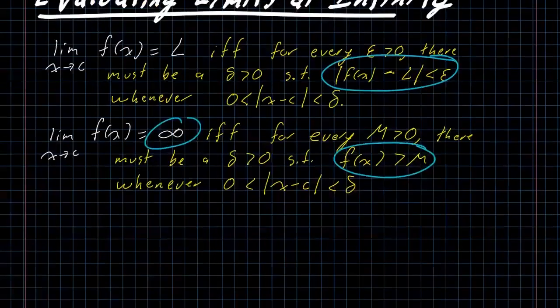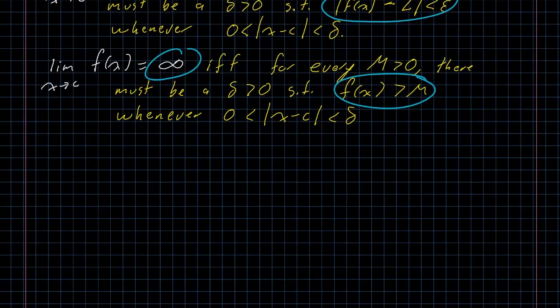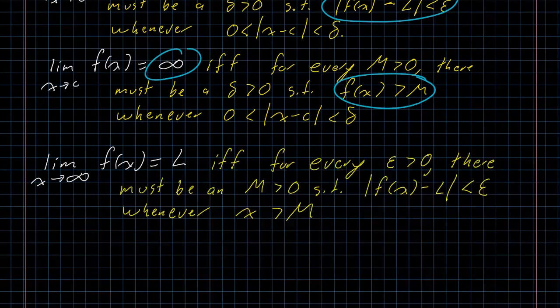Using that as our template, it should make sense that if we want to talk about the limit as x approaches infinity of f of x being equal to some constant value L, we instead replace the thing happening with x.